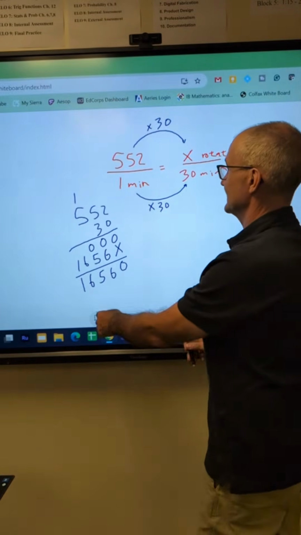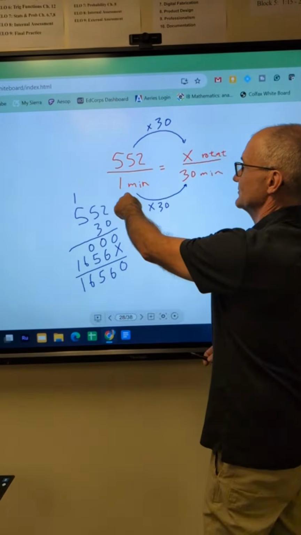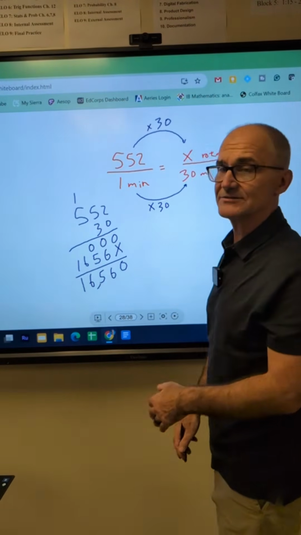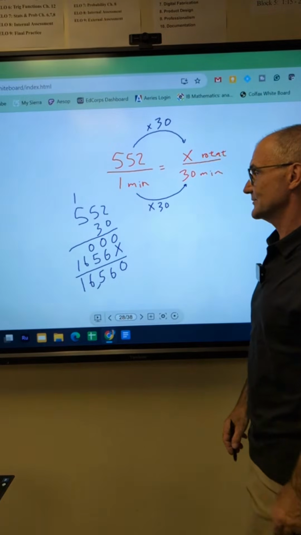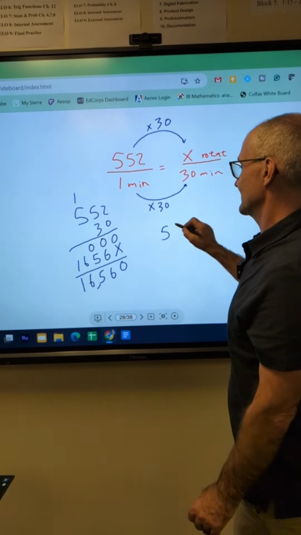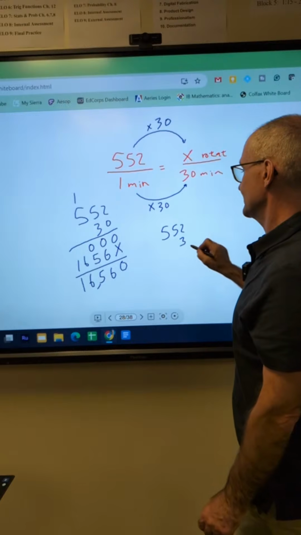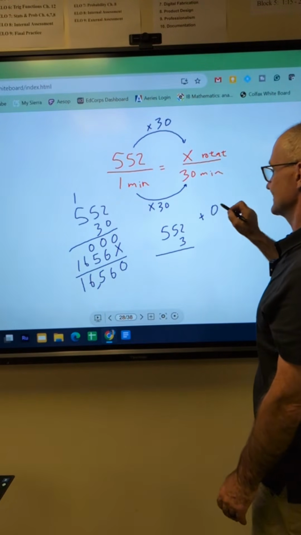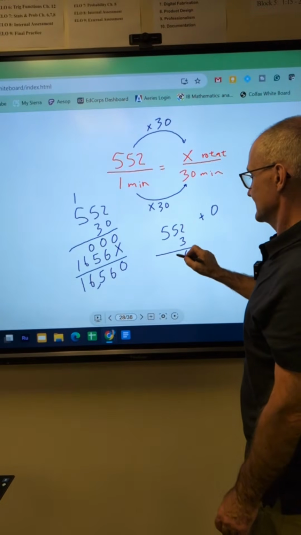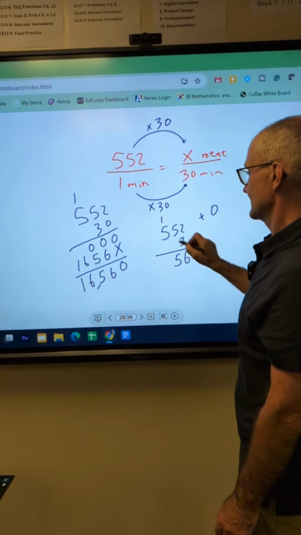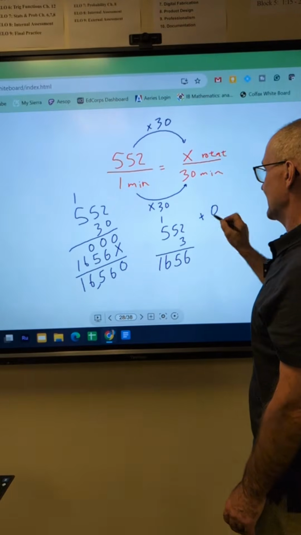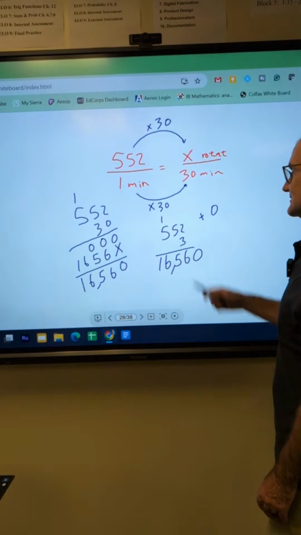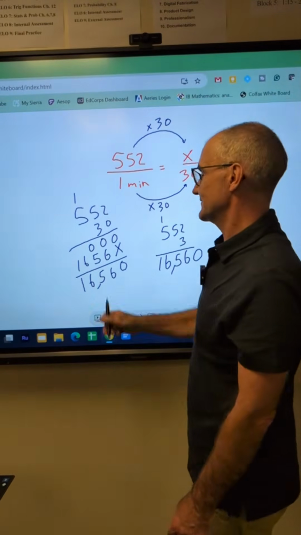And then if it rotates 552 per minute, in half an hour it'll rotate 16,560 times. If I did that 552 times 3, I got to make sure I remember to add the 0, a little note to self. 6, 15, carry the 1, 15 plus 1, 16, add the 0, gives me the same value. So a little quicker way to do it when you're multiplying by a factor of 10.